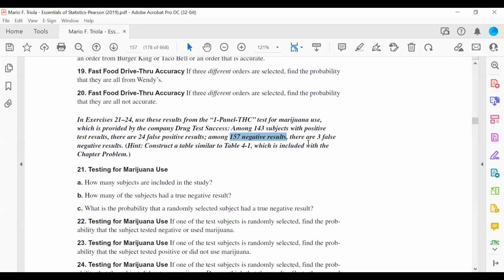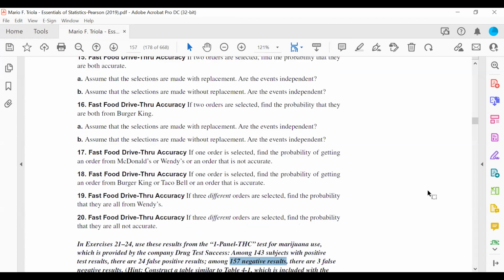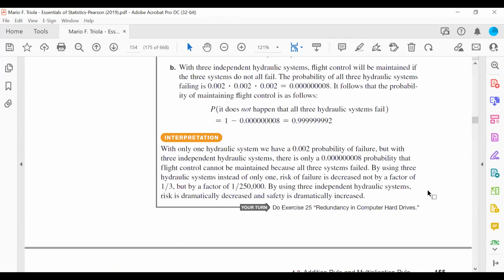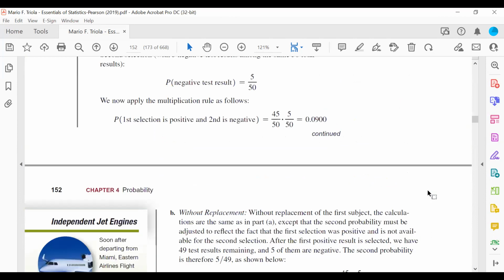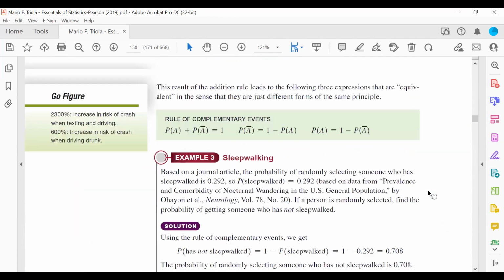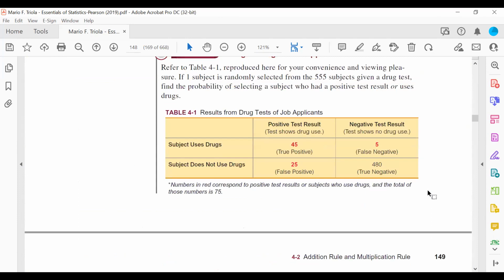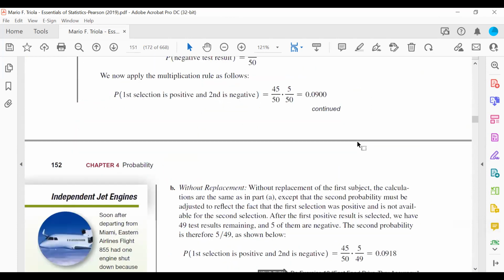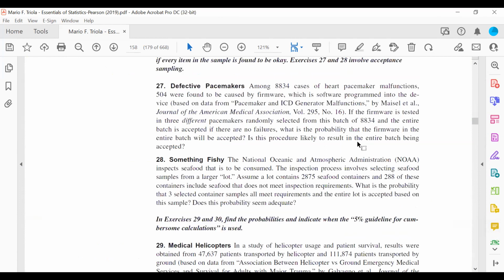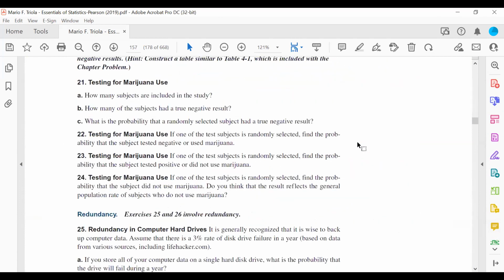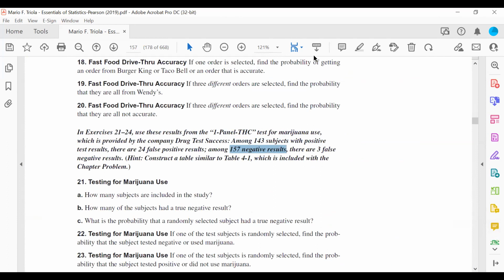And then there were 3 false negative results. 3 false negative. Let's see. Where was false negative at? Let's go back. False negative. See if we can find it. Oh, that's the top box on the negative. Okay, so it's gonna go. Was it 3? What was it?